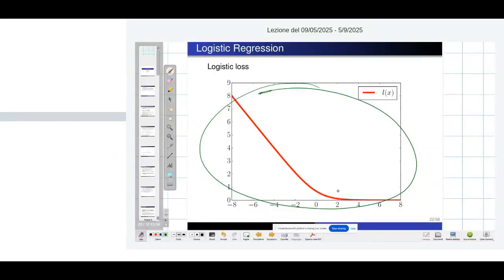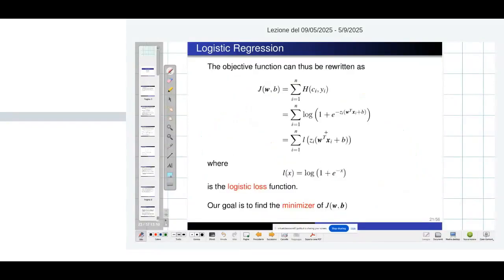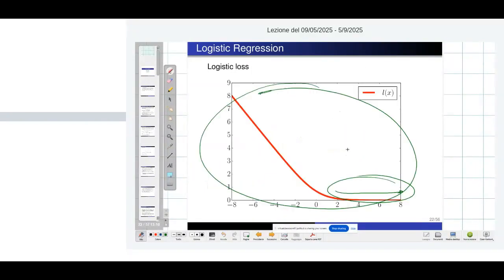We've seen that our objective corresponds to the minimization of a loss. The loss is computed for each point, and the loss decreases exponentially for points that are correctly classified, exponentially with the distance from the separation rule.